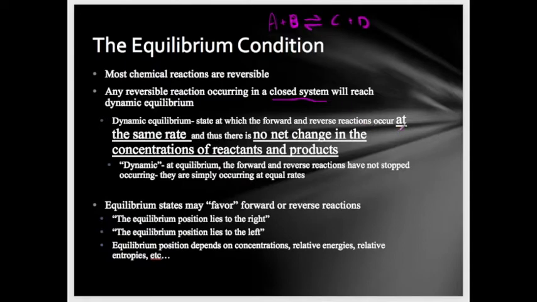So those reactions are occurring at the same rate. That is the equilibrium part of dynamic equilibrium. What is the same about the forward and reverse reactions? The rate, the speed with which the reactions are occurring. Well, what's going to be true if these reactions, forward and reverse, are occurring now at the same rate?